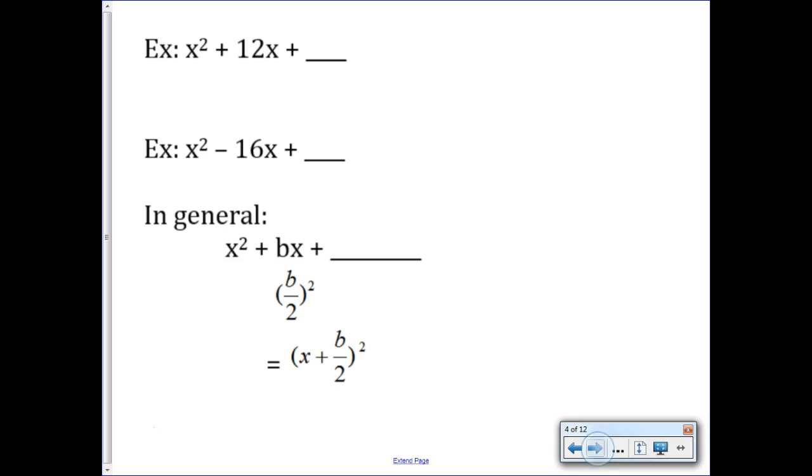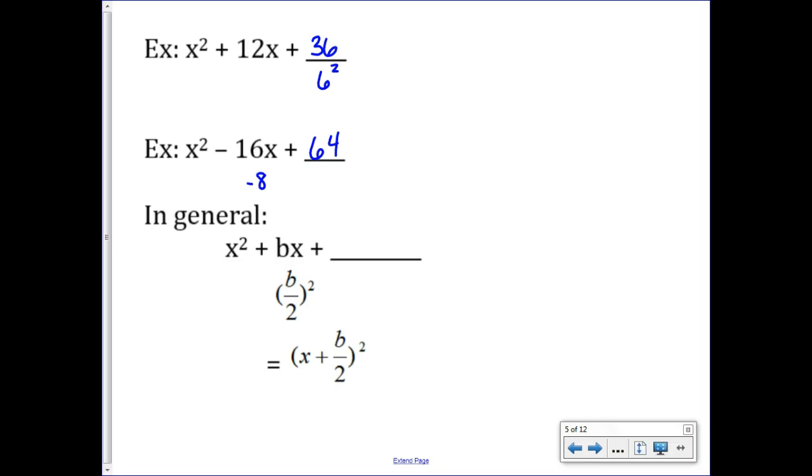That's going to be the same thing that we see here. So if we have 12x as our b value, then here we're going to put 6, which is half, squared, so 36. This one would be a -8, and when we square that, we get a positive 64.